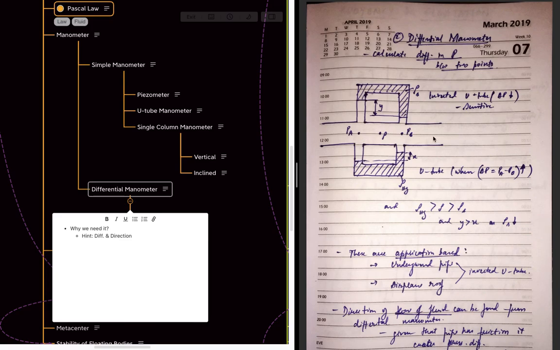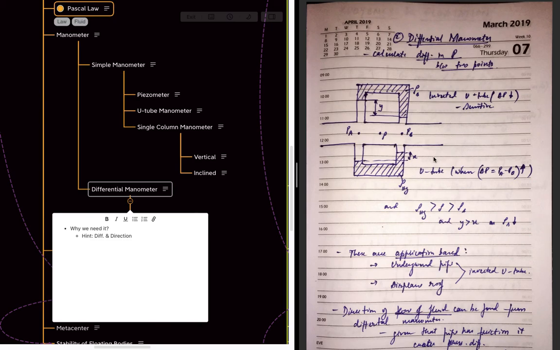But if you have a low pressure, an inverted U-tube can be used, which has a lesser density than the fluid going here. So if there's a low pressure, this low density fluid will react much better, and at that point we will get a higher difference. From this higher difference we can find the pressure differences. So this is the reason the inverted U-tube is more sensitive than the U-tube.